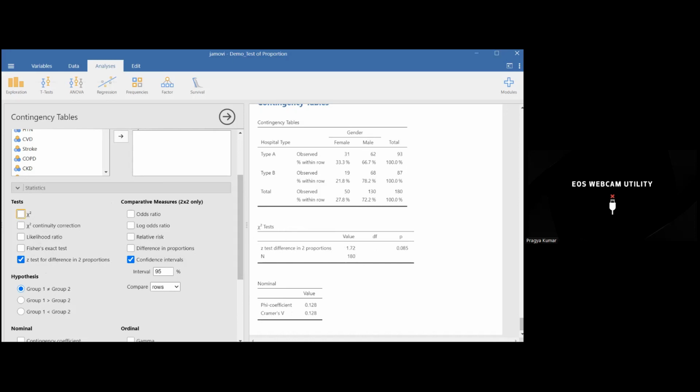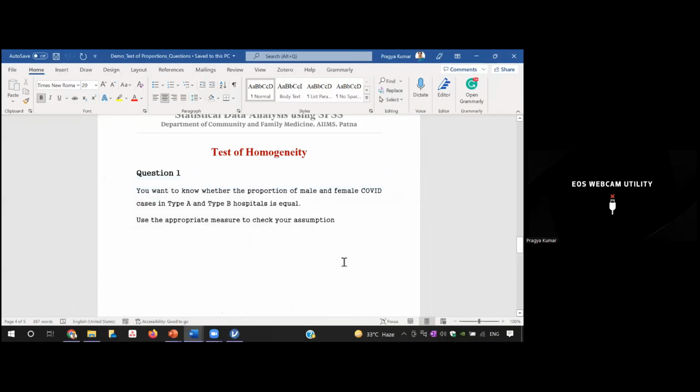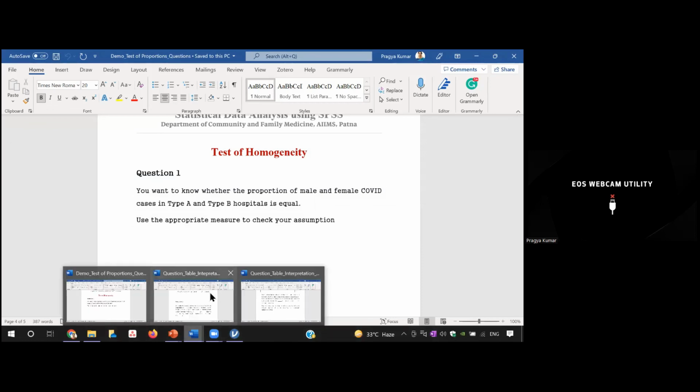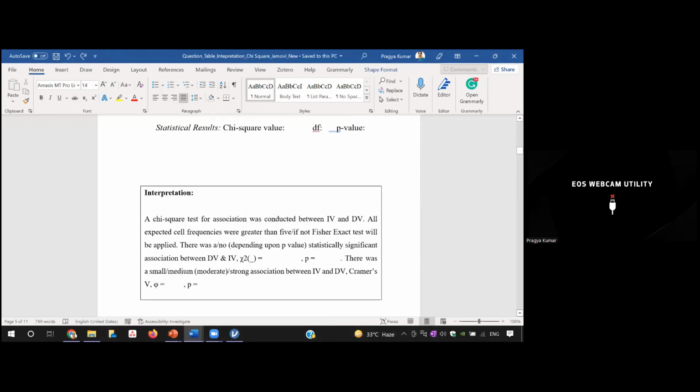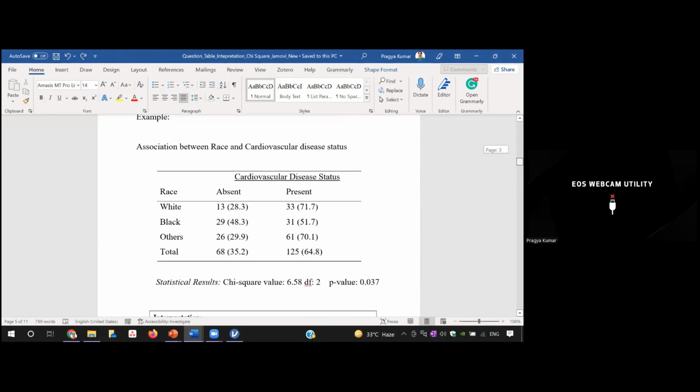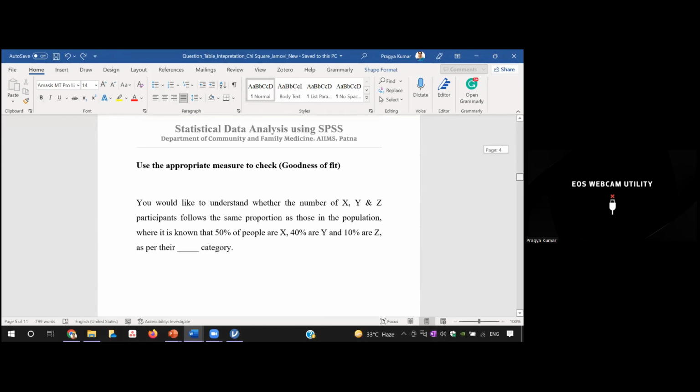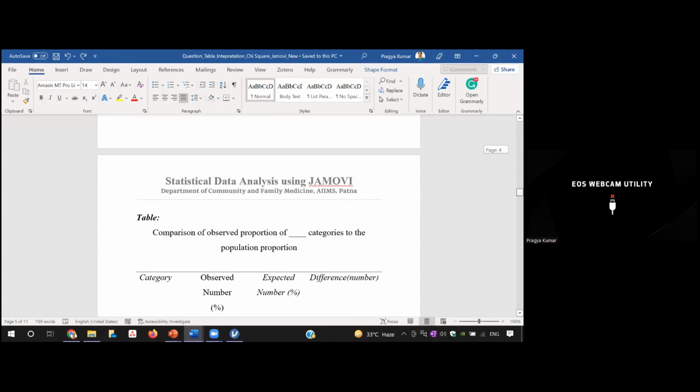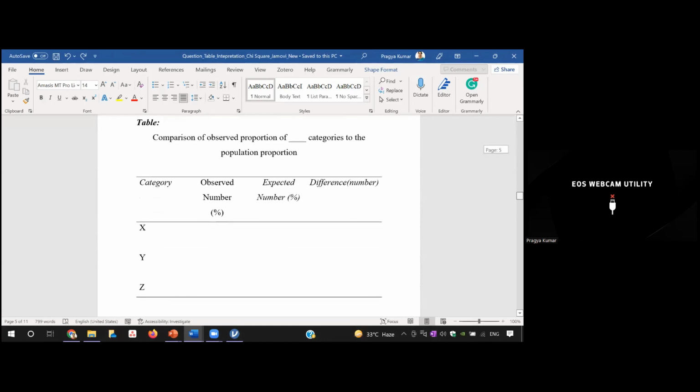So how will you write your interpretation? For writing the interpretation, this is the way you can go down. This was for the more than 2 by 2, this was for goodness of fit, and this was for the categories.